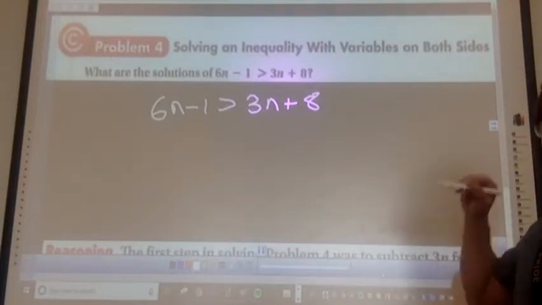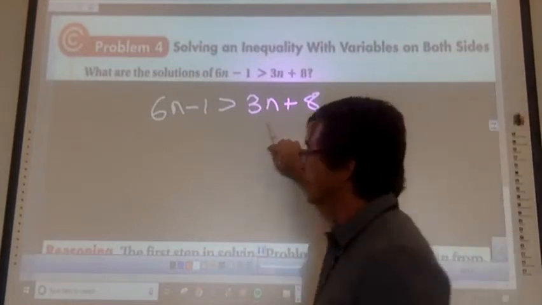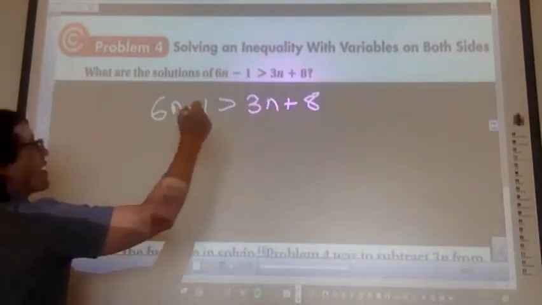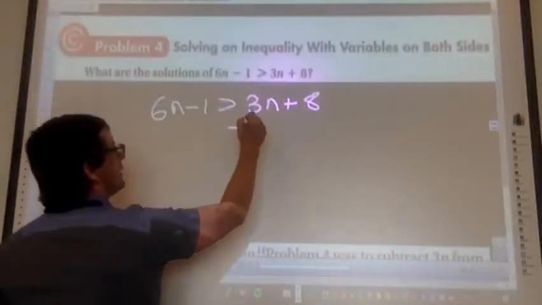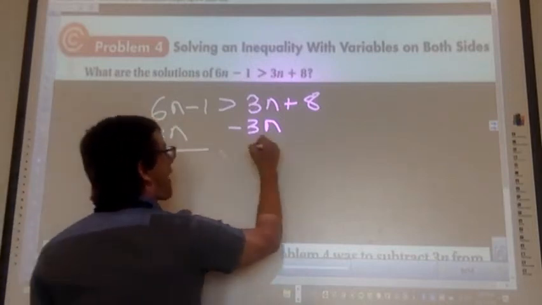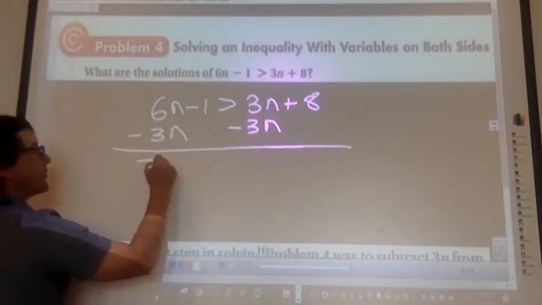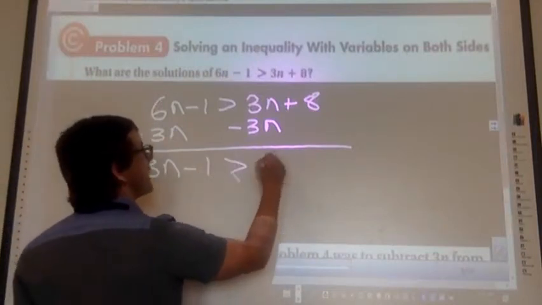Okay. When you have variables on both sides, I always like getting rid of the smallest variable first. We're going to do that by subtracting 3n from both sides. So we get 3n minus 1 is greater than 8.